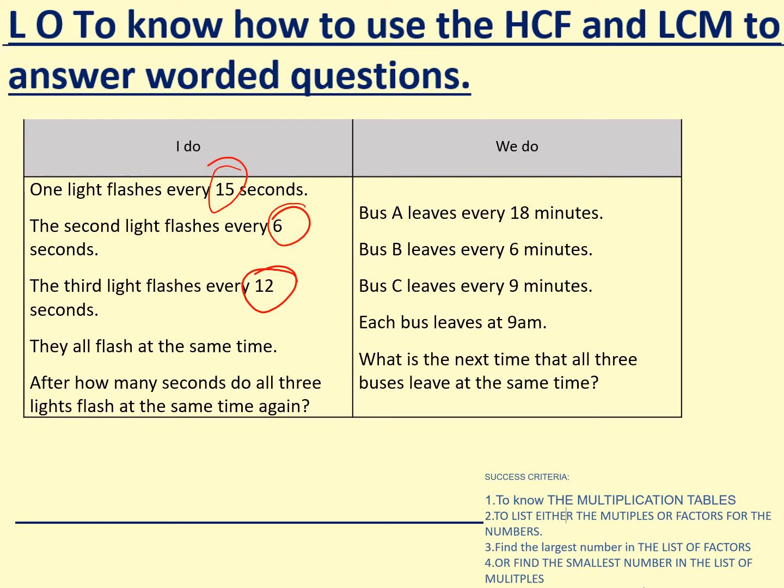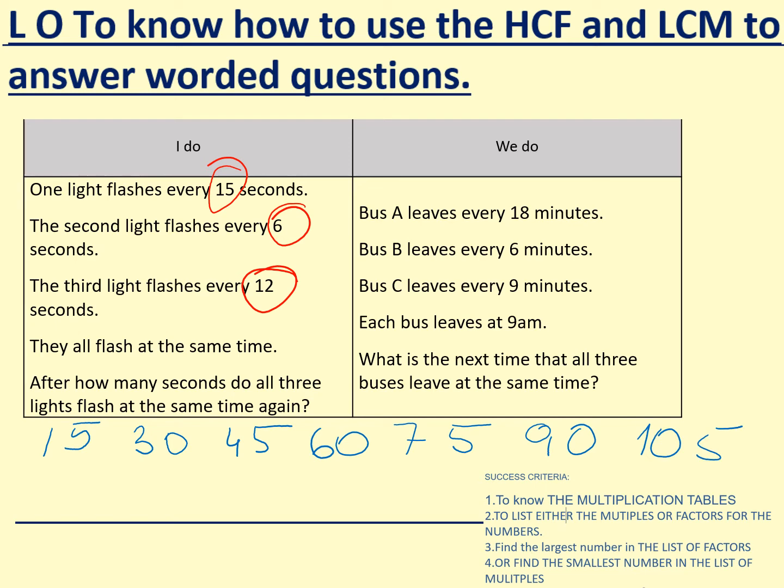So I will list multiples of 15: 30, 45, 60, 75, 90, 105. Okay, let's see, maybe that will do.